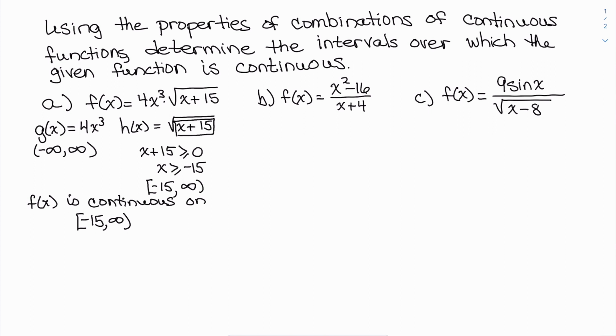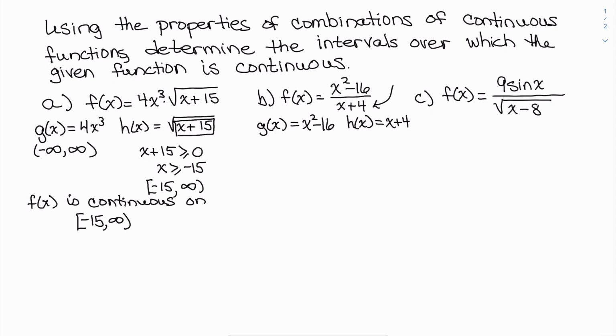So for part B, the function f of x is made up of a quotient of two functions. It's the quotient of g of x, which is equal to x squared minus 16, and h of x, which is equal to x plus 4. Now remember, for quotients, the function is continuous for the restrictions of the two.